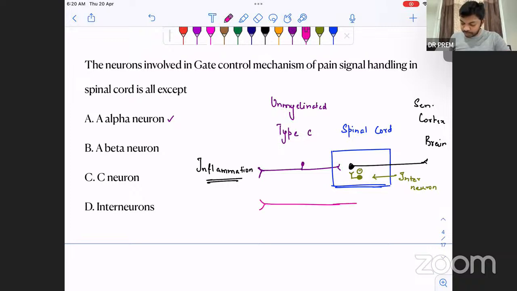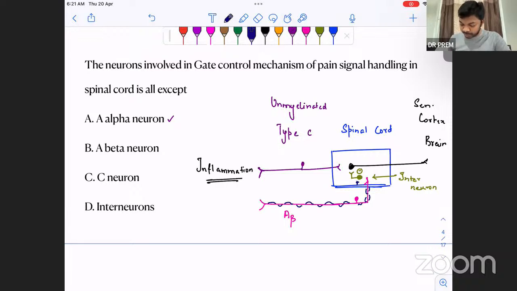This neuron is going to be A beta neuron, doctors. And this A beta neuron is very well myelinated. You can clearly see this A beta neuron is very well myelinated. This is again another pseudounipolar neuron. So again, another pseudounipolar neuron is going to be involved in exciting this interneuron.